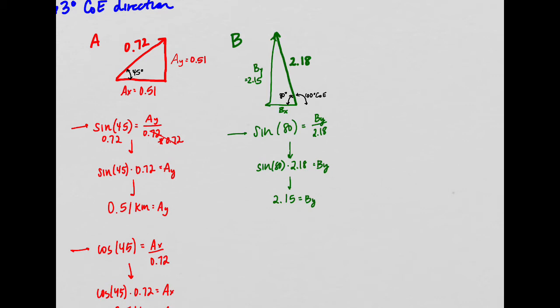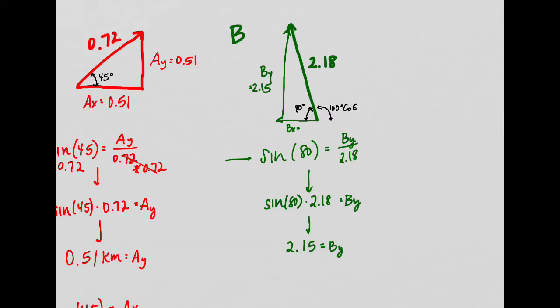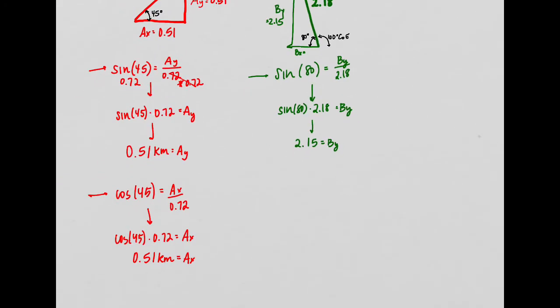All right, now we're going to solve for BX here, and we're going to do that by doing cosine. Cosine of 80, our theta, is equal to the adjacent, which is BX, over the hypotenuse, which is 2.18.